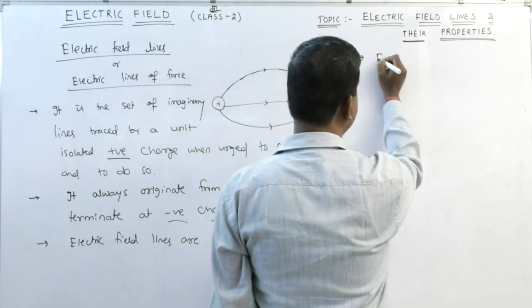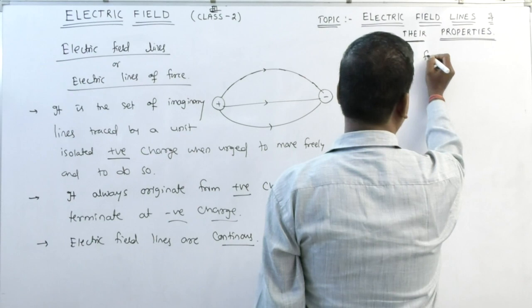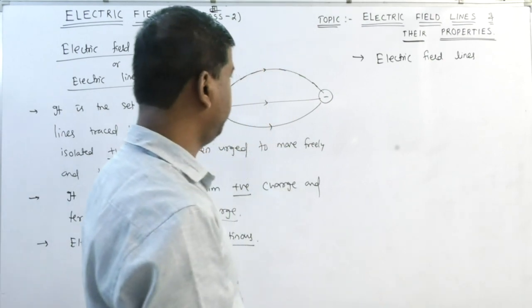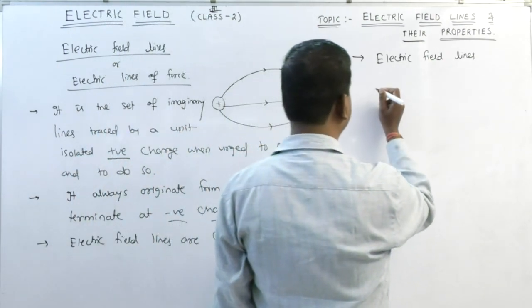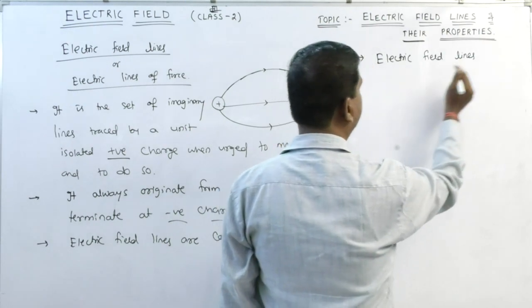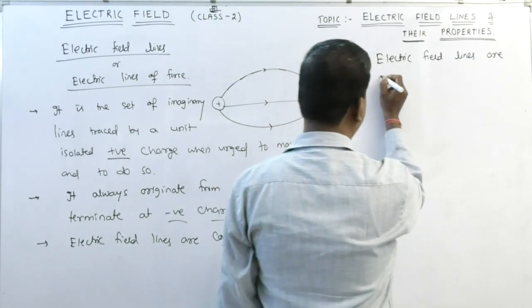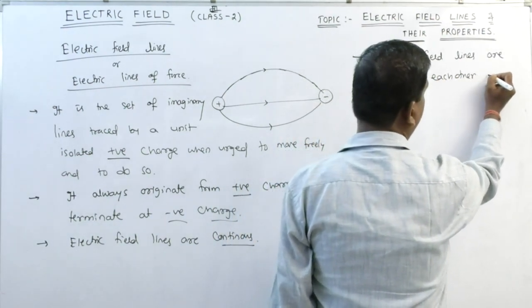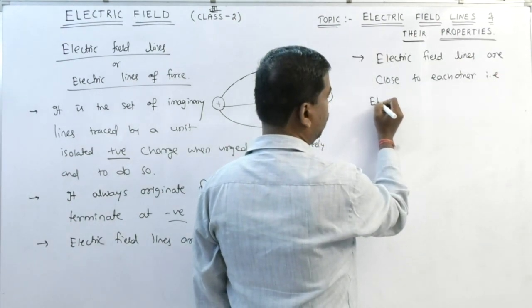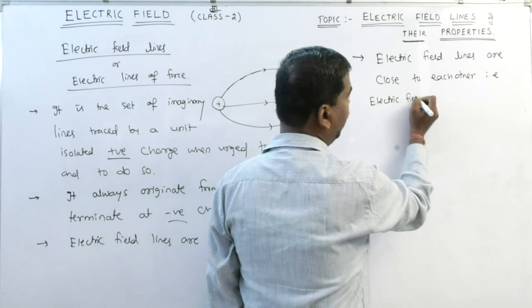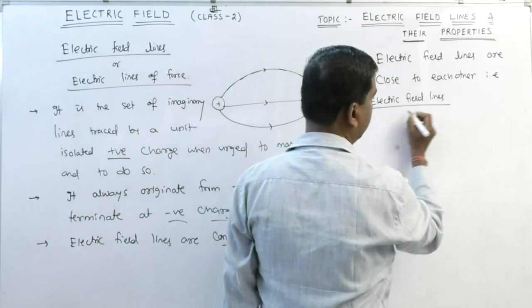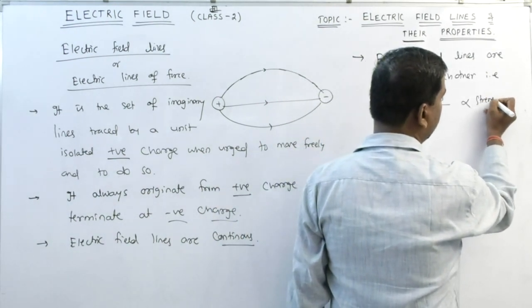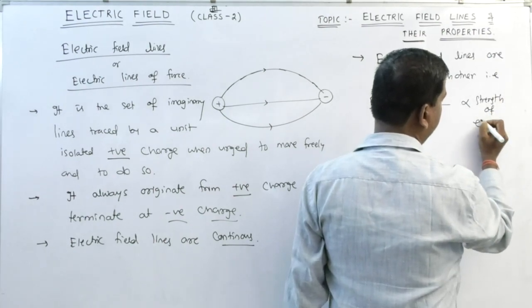Next, electric field lines per area are directly proportional to the strength of electric field.